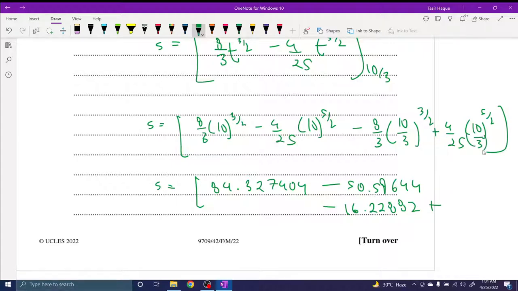My bad. 10 by 3 to the power 5 by 2 into 4 by 25, 3.24576. Okay. I'm getting a value of s is equal to 20.7 meters. That is your final answer. Okay. To 3SF.